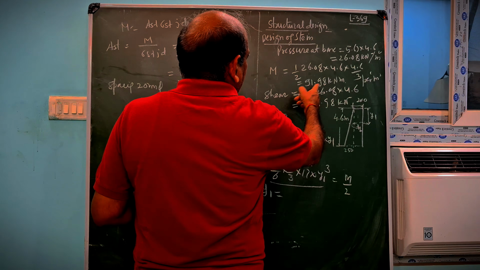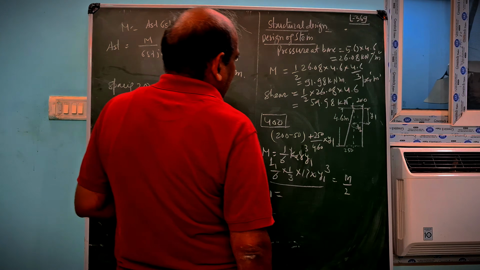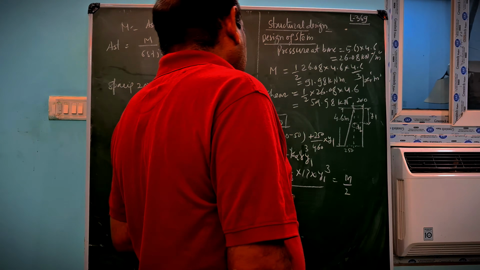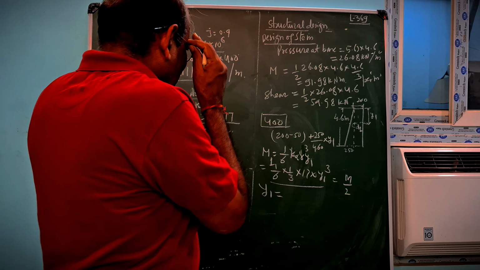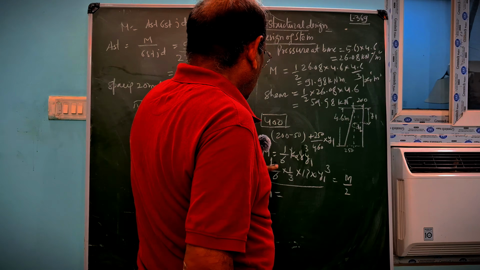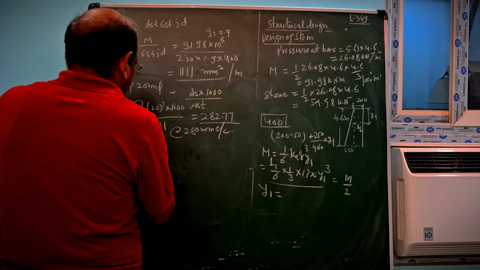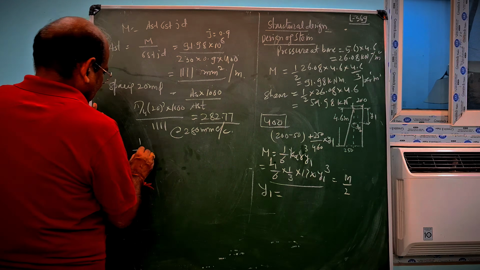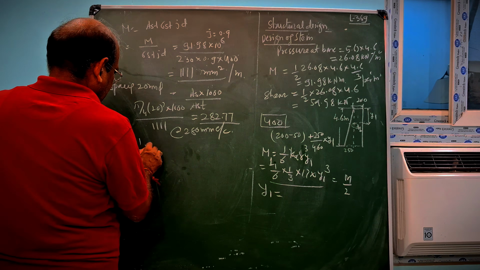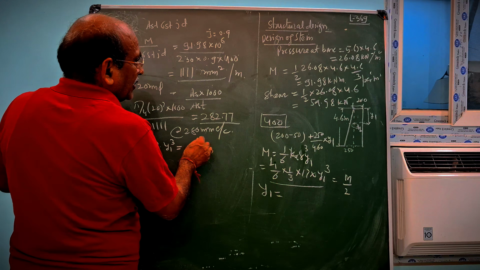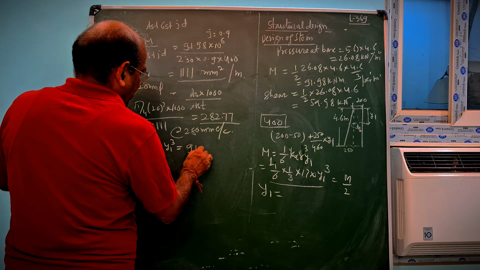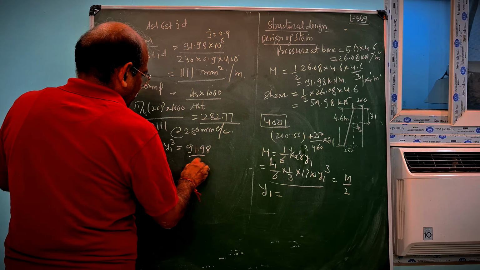M by 2 is 91.8 kilonewton. The moment is half. So you can calculate this. This is your 1 by 6, 1 by 18 into 17 into y1 cube equals 91.98 divided by 2.